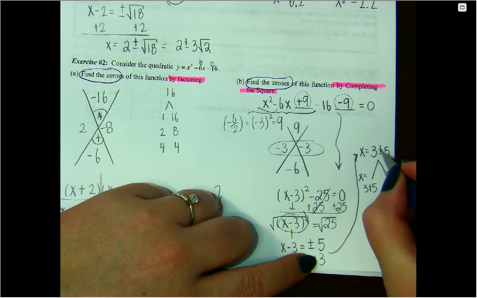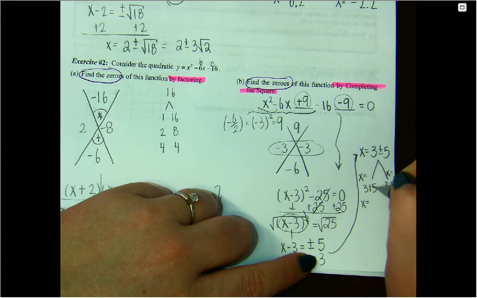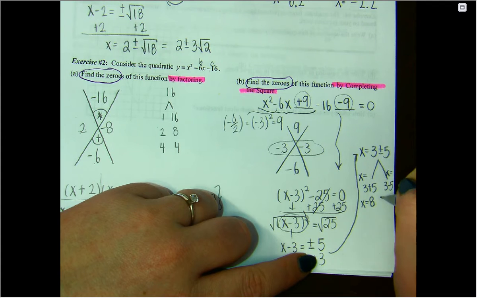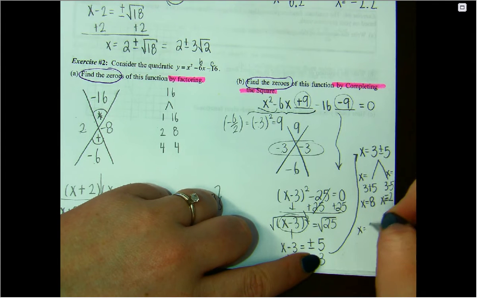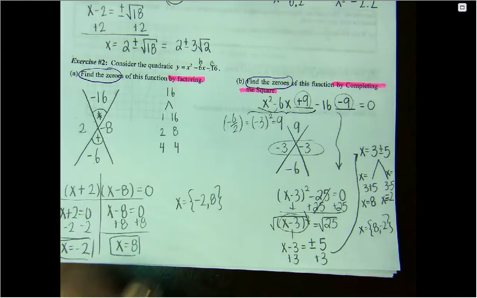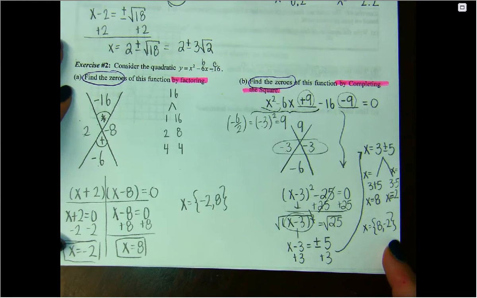You have the plus side and the minus side. So this one is x equals 8, and this one is x equals negative 2. Squeeze it right in there. Okay, so this is also 8 and negative 2. How nice. So I'm just showing you different ways that you can solve it.